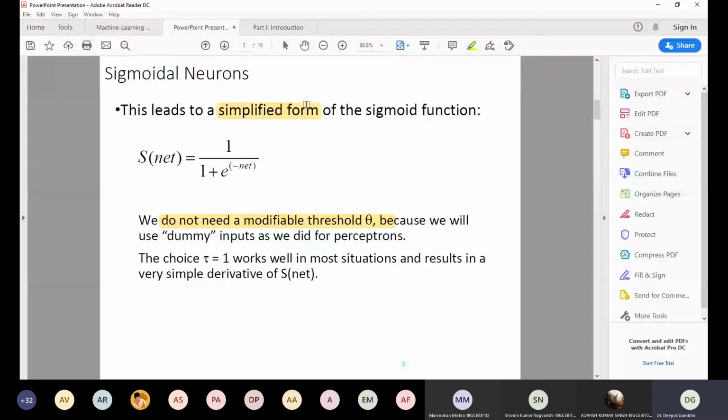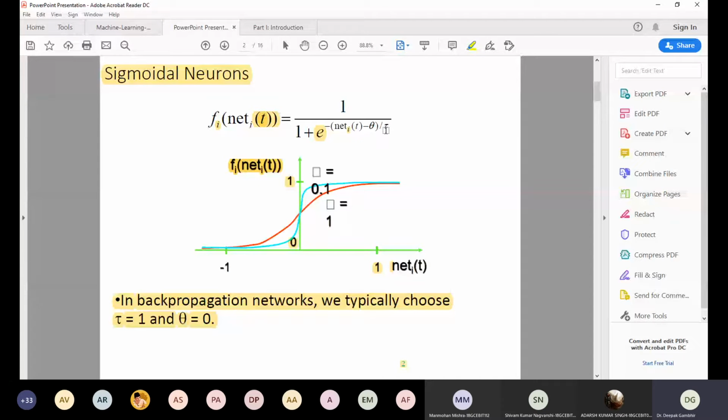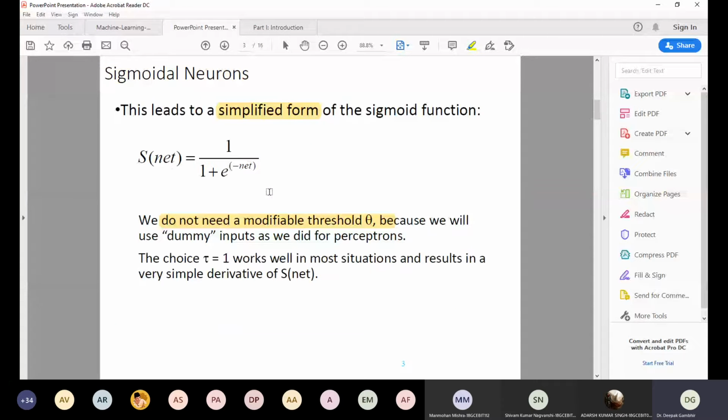That is, s of x is written as the sigmoid of x as 1 over 1 plus e to the power minus x. And in this case, if you see, there is also a variable that is divided by tau, but for simplicity we have also considered tau to be 1 here. This subject is made for simple understanding of machine learning. So in this case we are using the sigmoid function as 1 over 1 plus e to the power minus x.